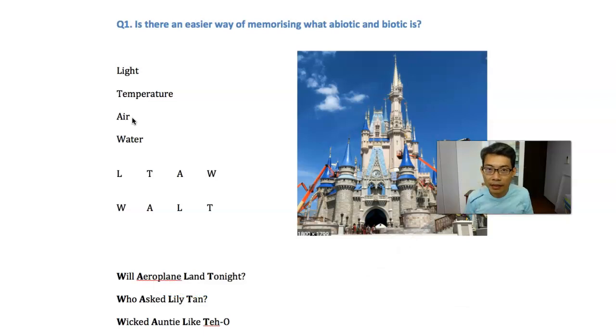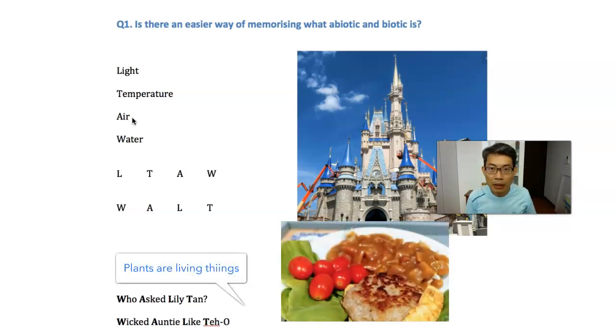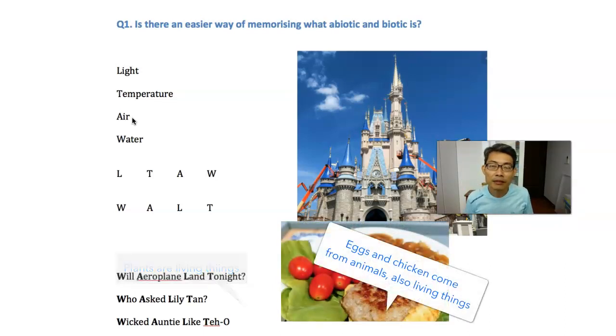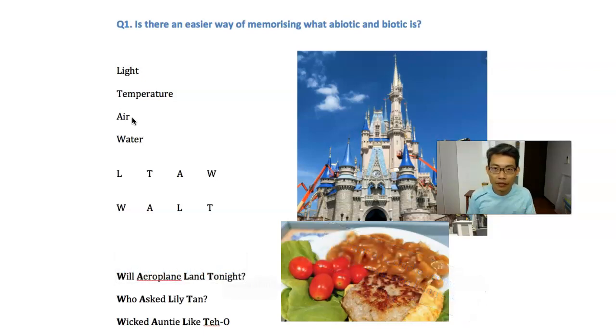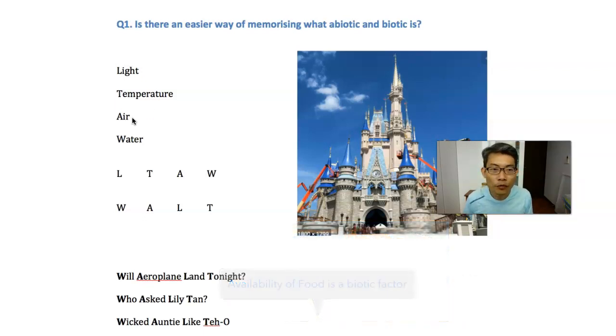Now that is a factor, but that is a biotic factor because it is about living things. Food comes from living things. So that is a biotic factor. So I do not include food under these factors here.